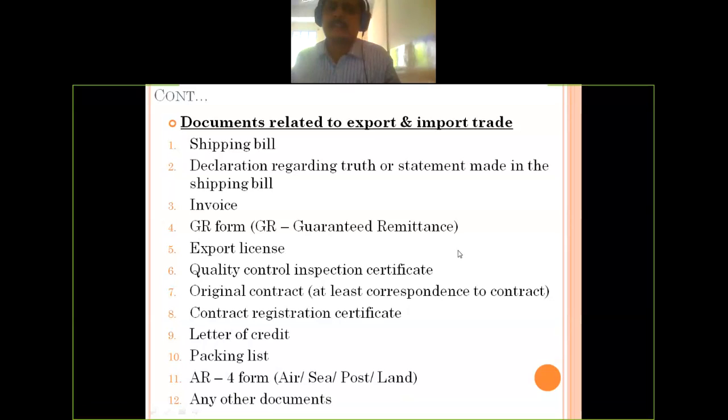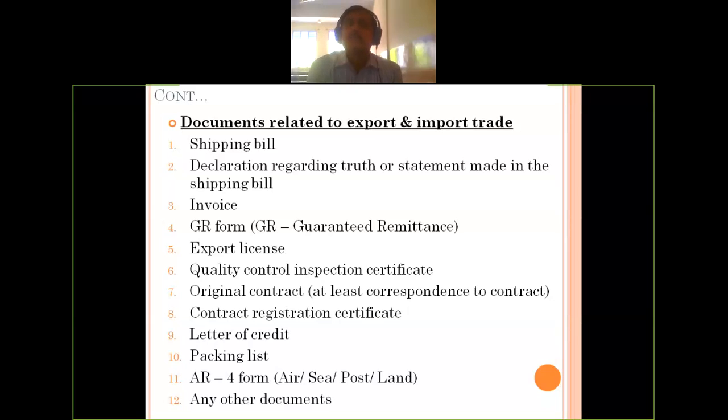So everything is there, invoice is there, GR form is there. In spite of that also, why is this original contract required? Yeah, truly speaking, when it is an original contract, maybe within a day or two you're not going to produce and supply it. It takes months together period of time to produce that huge quantum of product and supply it.